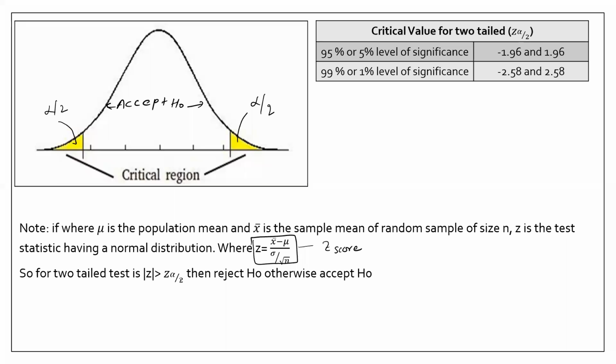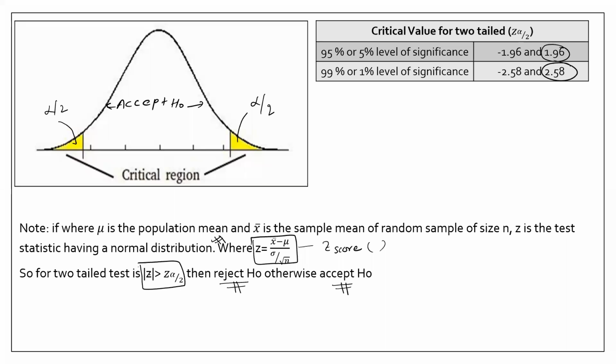If the Z score value is greater than your Z alpha by 2 at 1% or 5%, okay, if the Z score value is greater than Z alpha by 2, then you have to reject the hypothesis. Otherwise, you have to accept the hypothesis. Just remember these two parts, the Z value and this scenario.